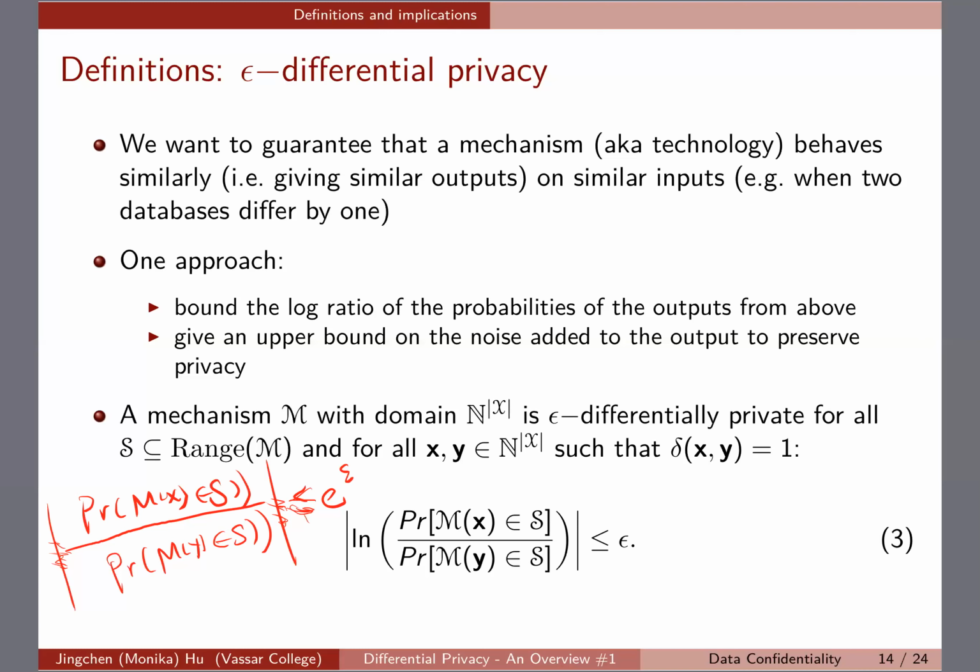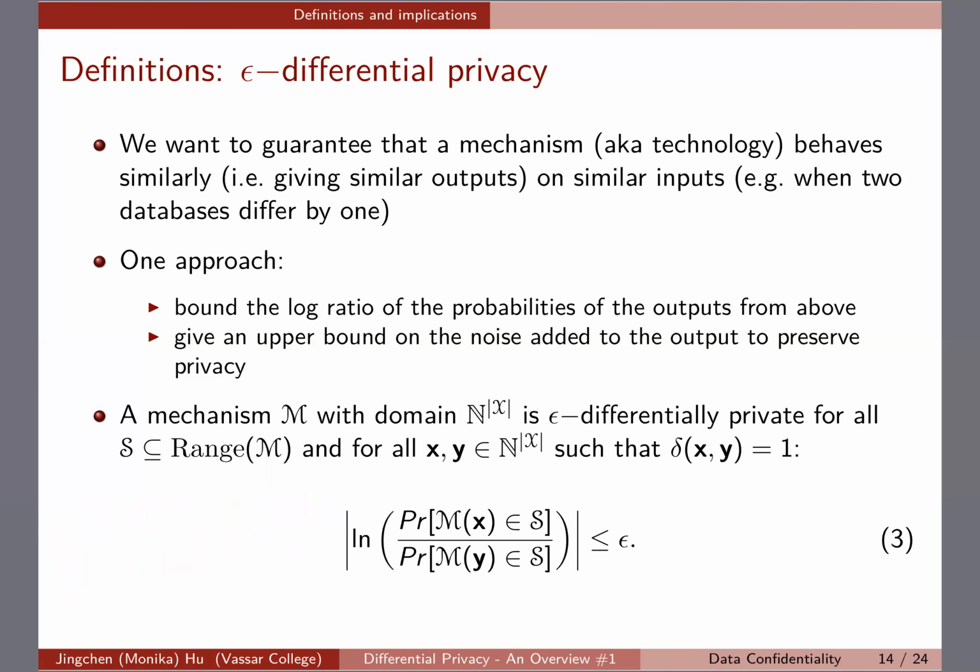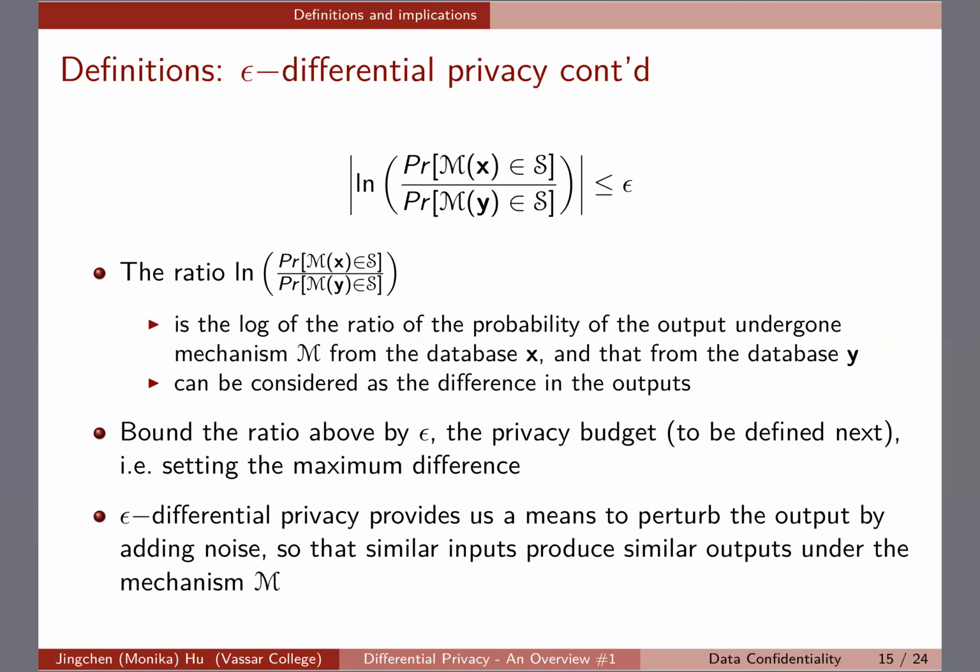We do not allow it to go above this bound, and epsilon is how we bound it. As you will see, epsilon goes into the definition of epsilon differential privacy itself, and epsilon is called the privacy budget. We're going to define it next. Bounding the ratio above by epsilon, as we have seen, sets the maximum difference that you will allow to happen to the outputs.